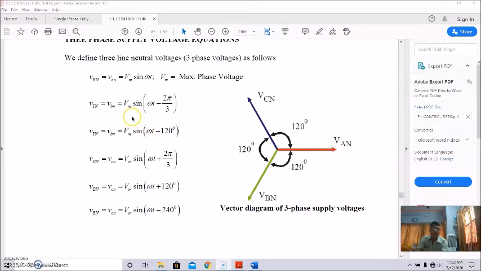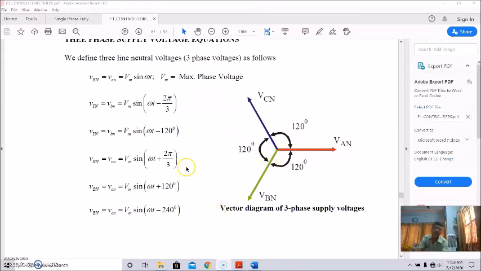So we can write Vm sine omega t minus 2 pi by 3, that is Vm sine omega t minus 120 degrees. And VCN will be equal to Vm sine omega t plus 2 pi by 3, that means Vm sine omega t plus 120 degrees. That means with reference to this A, in this direction it will be omega t minus 240 degrees.